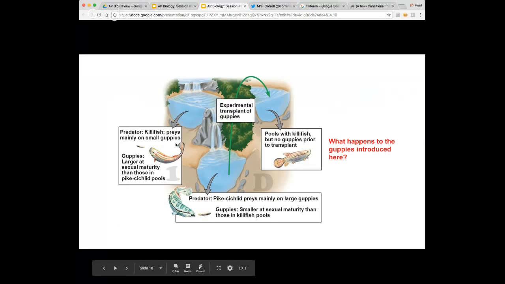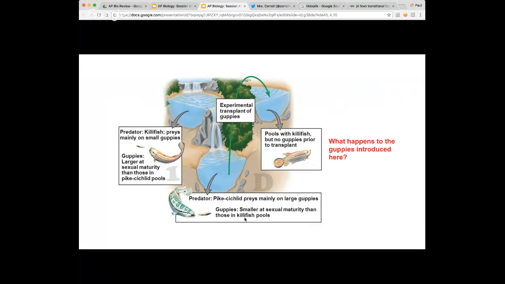So if you leave guppies in a population long enough around killifish, what you'll end up with is large guppies, because the ones that the killifish don't take out are larger and therefore produce more large babies. Meanwhile, the other predator, pike cichlids, mostly eat large guppies. So over time, you'll see the population of guppies get smaller and smaller and smaller.